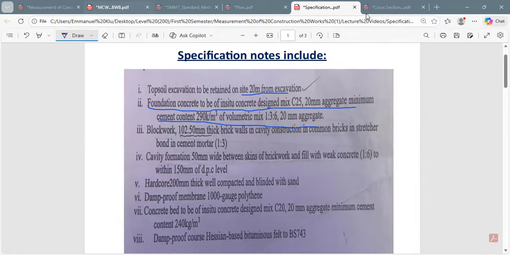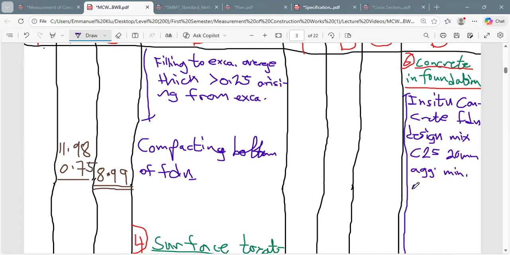Okay, so minimum cement content of 290 kg per meter cube.